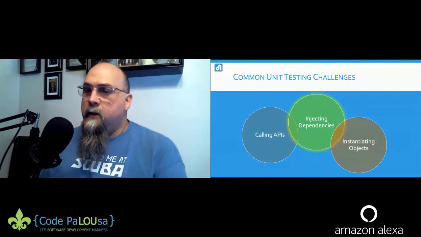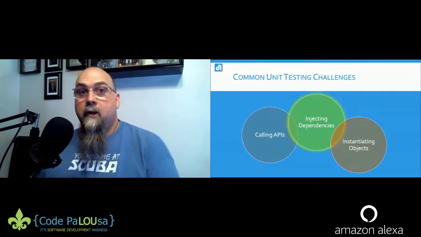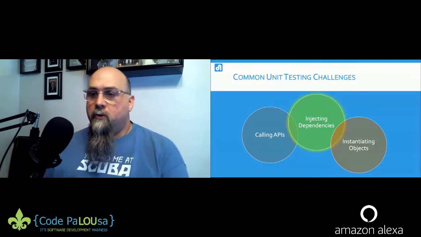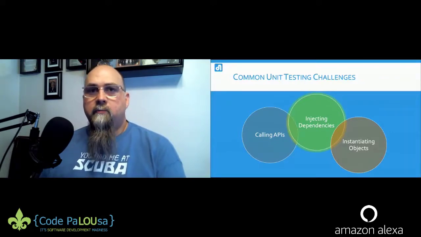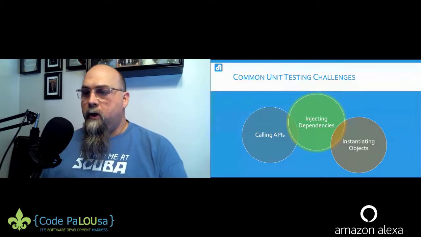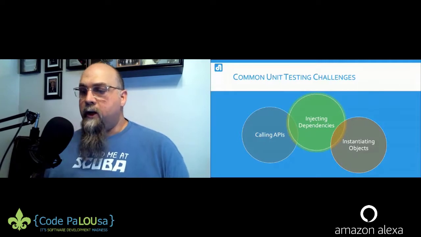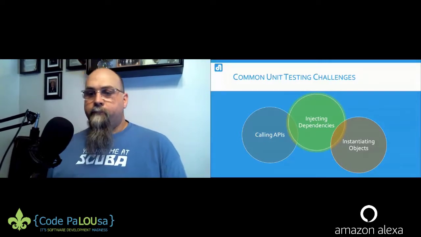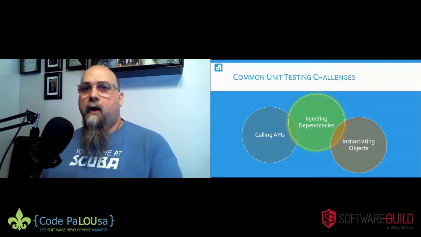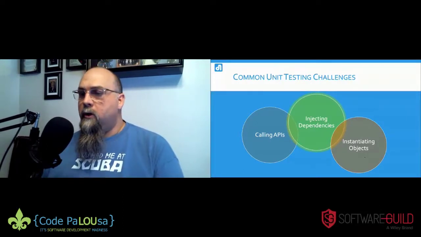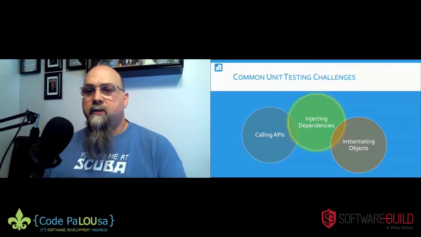Next thing is injecting dependencies. As your services or view models or whatever other part of your application, different modules, grow and expand over time, the dependencies that they tend to bring in also expand with it. And so you might find yourself with an ever-growing list of constructor parameters just to be able to create the thing you want to test.